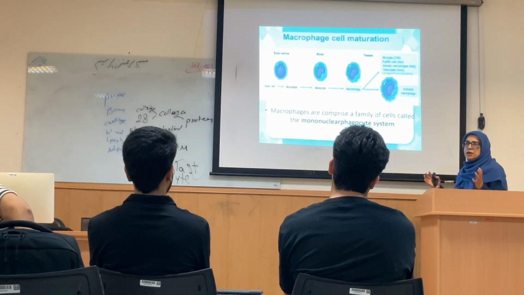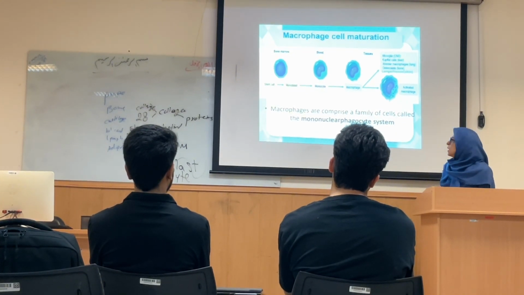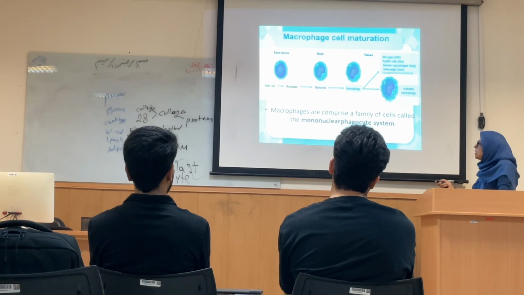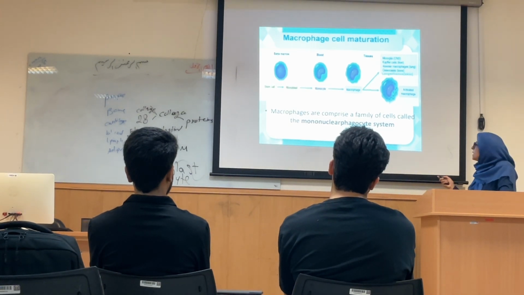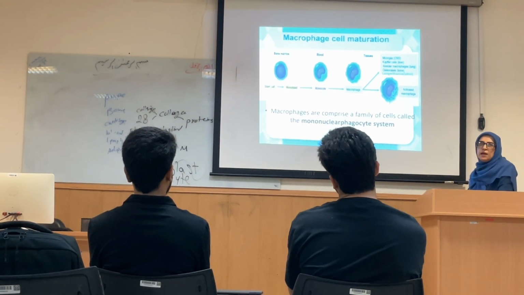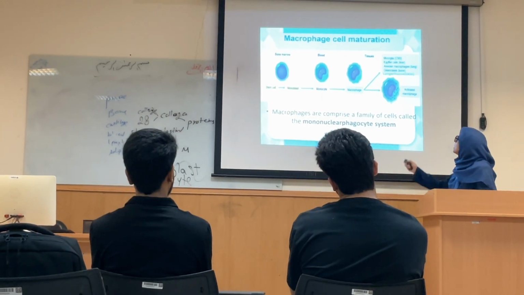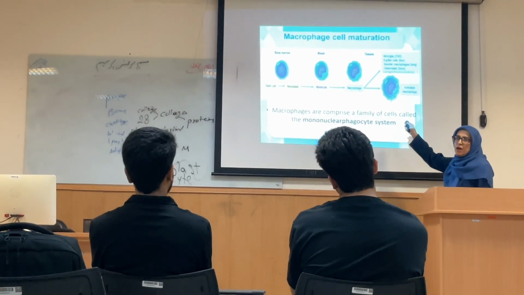Some books have a classification or chapter called the mononuclear phagocyte system. It's a system that includes cells that have one nucleus, but all of them are involved in phagocytosis.